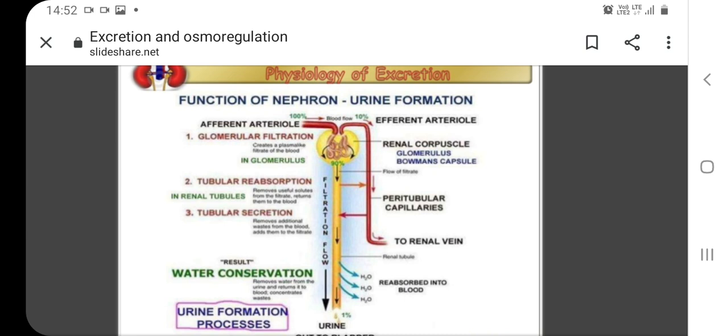So we can say that there are three steps in urine formation. First is the glomerular filtration, second is the tubular reabsorption, and third is the tubular secretion.